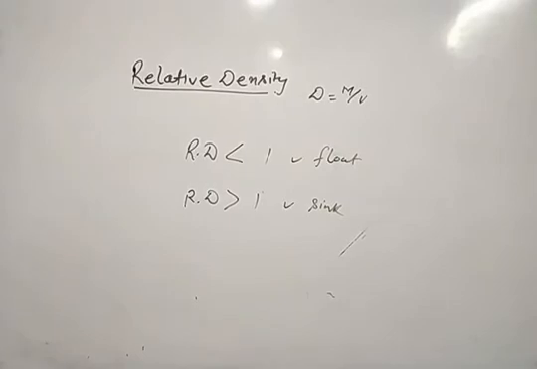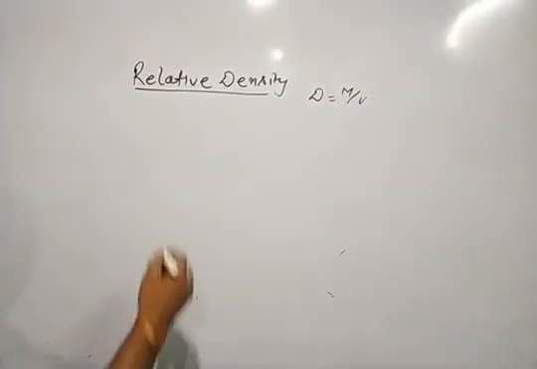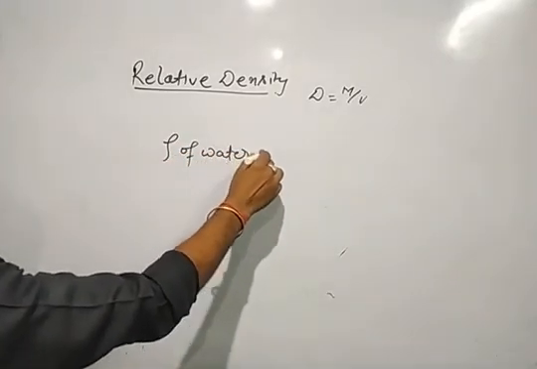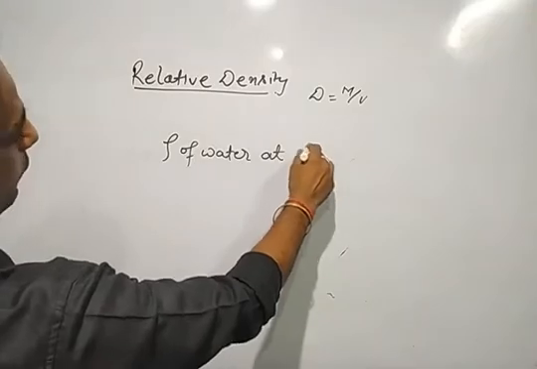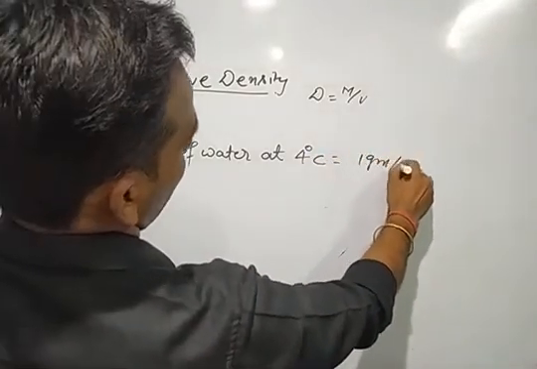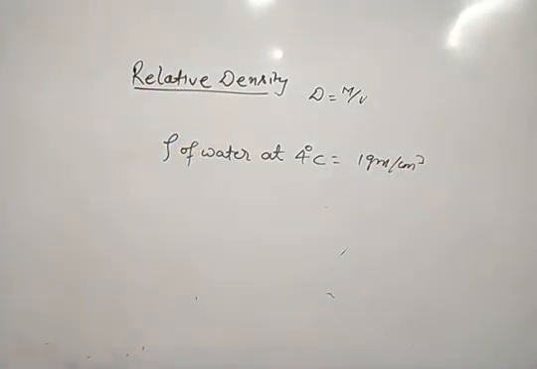We find that in the CGS system, the density of water at 4 degrees centigrade is 1 gram per centimeter cube. So the relative density of a substance is equal to the numerical value of the density of the substance.